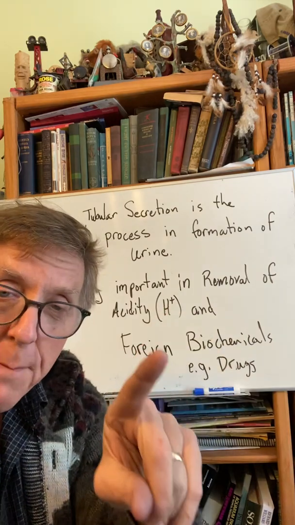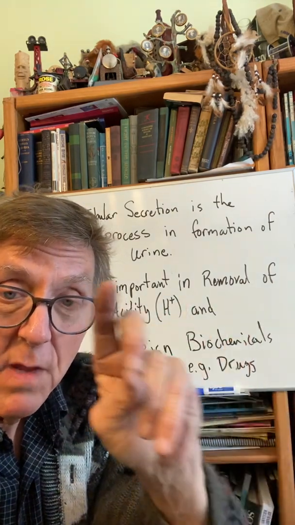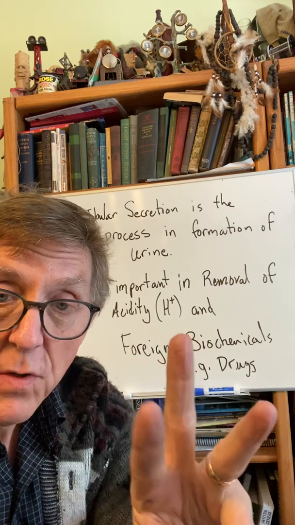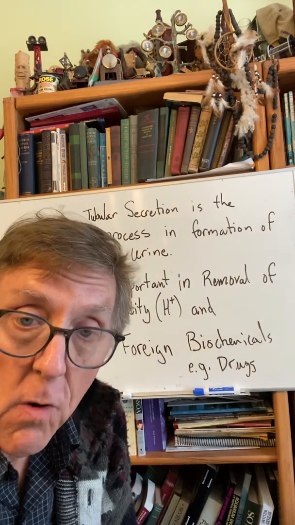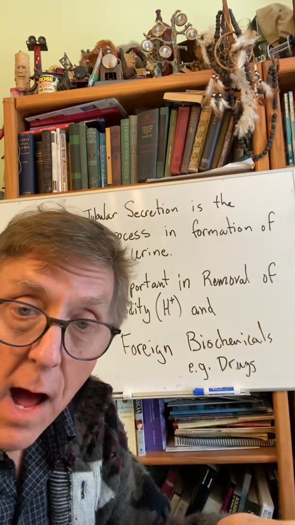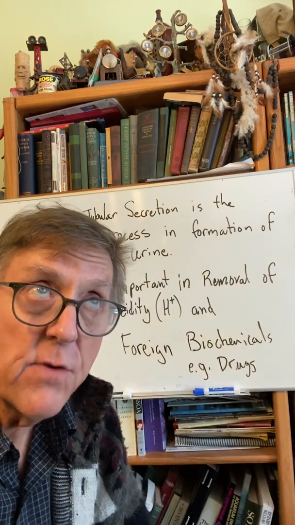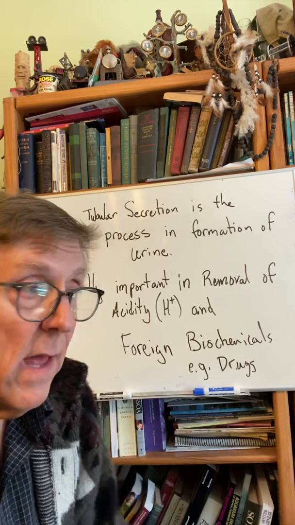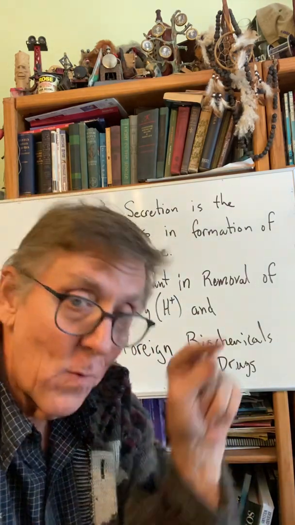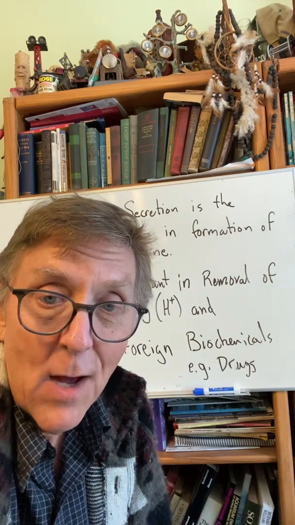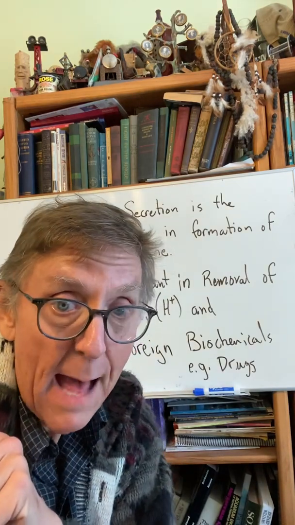So we have the three processes: filtration, reabsorption, and secretion. And ultimately, we're going to form urine, which is going to flow out through the collecting tubules into the minor calyx and the major calyx and the renal pelvis of the kidney. I hope you know what those are, because that's from lab.